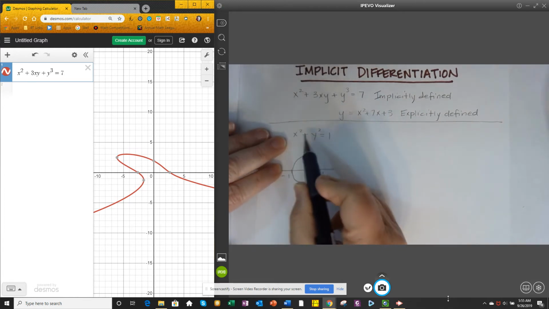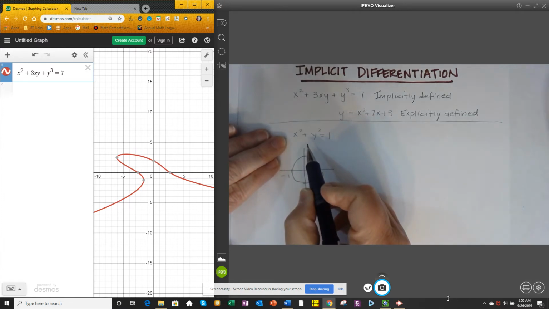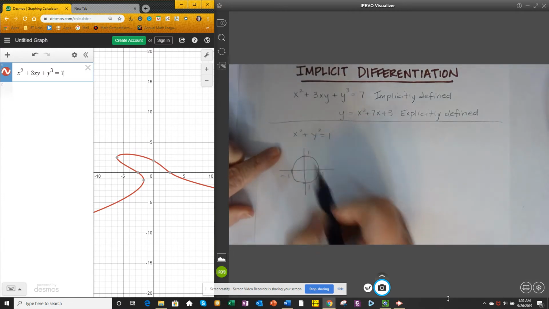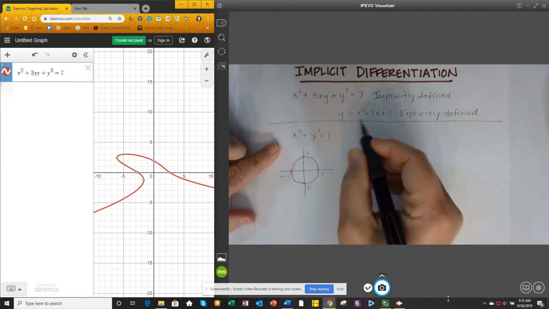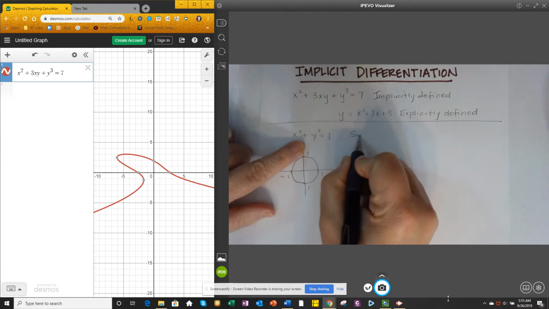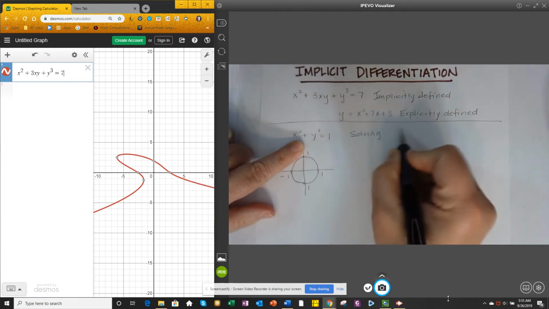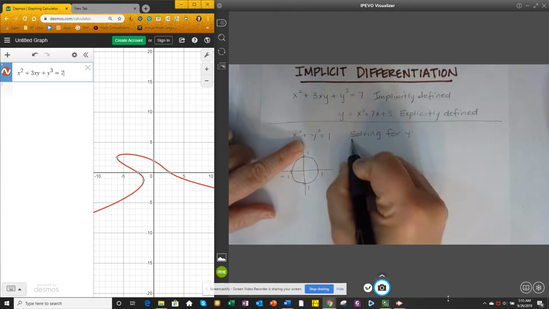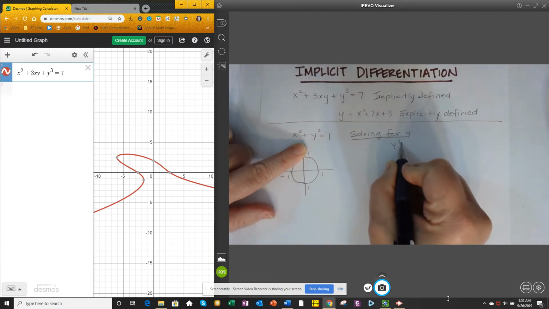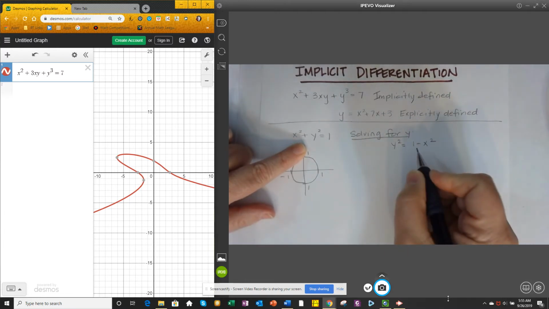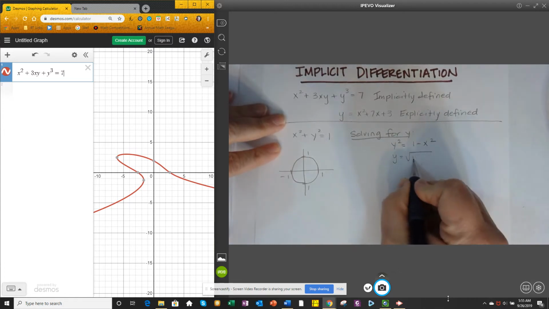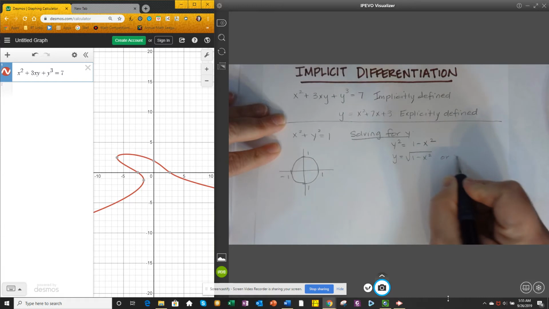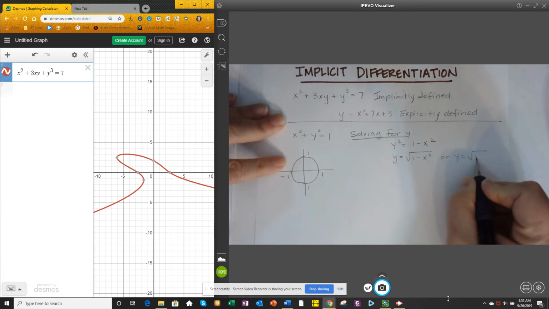Now, this right here is not explicitly solved for y, so it is implicitly written. And we can, however, solve it for y, because this is an easy one to do. So solving for y, what can we do? We can say that y squared equals 1 minus x squared by moving the x squared over to the right side. And we can say that y equals the square root of 1 minus x squared, or y equals the square root of 1 minus x squared, but it's negative, right?